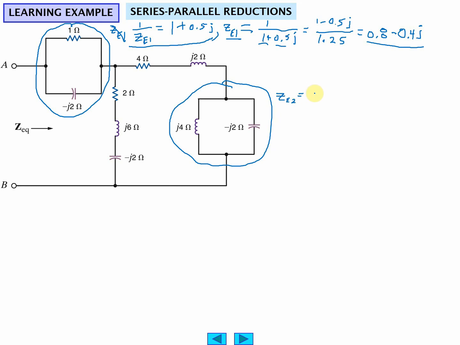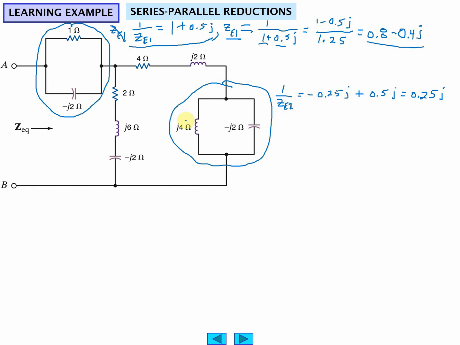ZE2 equals negative 1/4 J plus 1/2 J, which equals 0.25 J. The admittance here equals that, not the impedance. So get this erased.